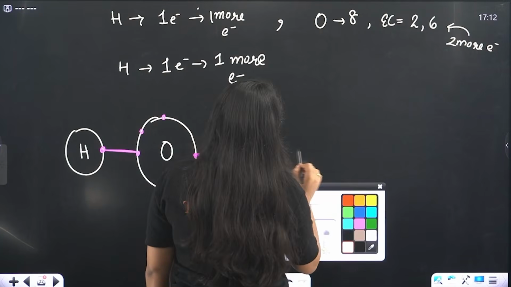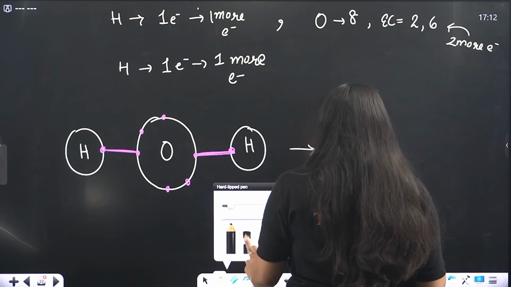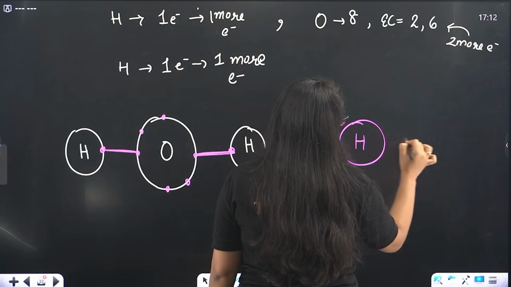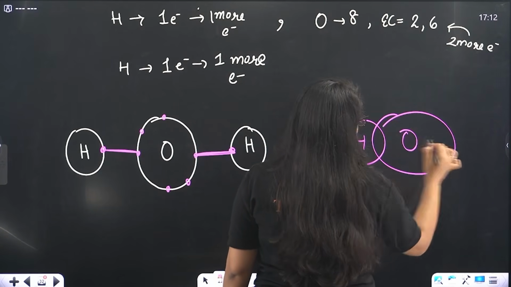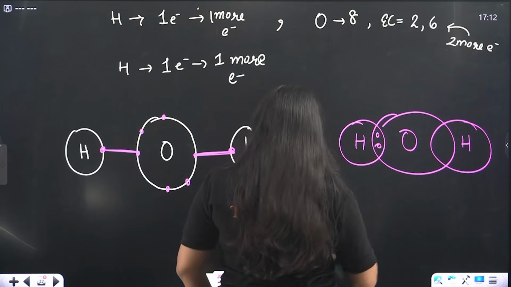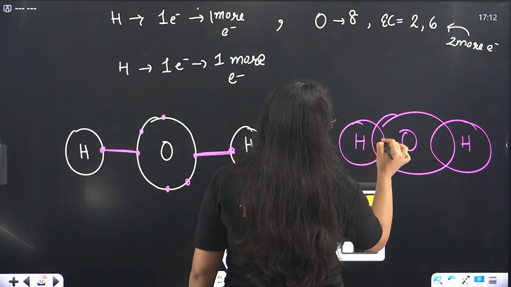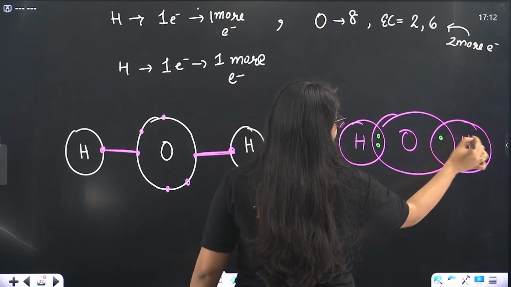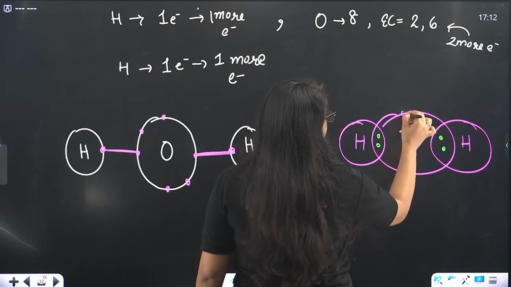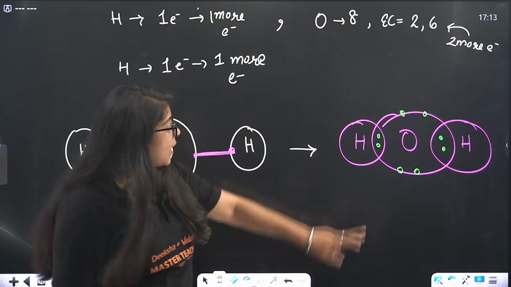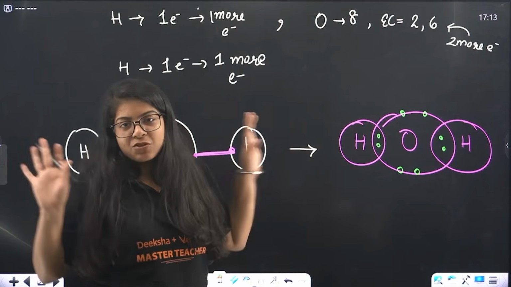What will the covalent bond look like? Simply like this: hydrogen overlapping with oxygen, overlapping with another hydrogen. 1 electron of hydrogen and 1 electron of oxygen, and again 1 electron of the other hydrogen and 1 electron of oxygen. Now check the octet and duplet. Each hydrogen has 2 electrons, duplet, happy.